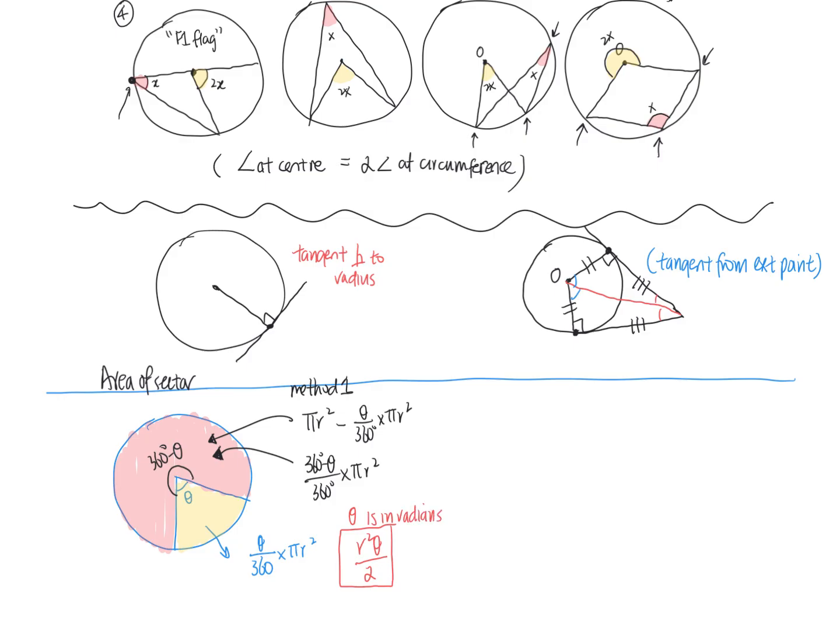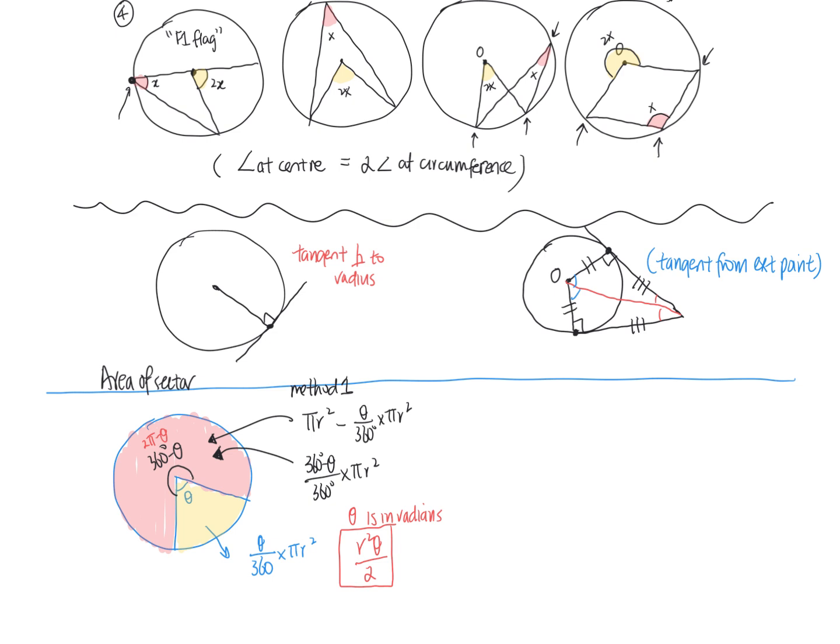Half. 2 pi, so you cancel off the pi, left 2 at the bottom. Okay. Then this one, same thing. It will be the same old thing, but instead of using 360 minus theta, you use 2 pi minus theta.